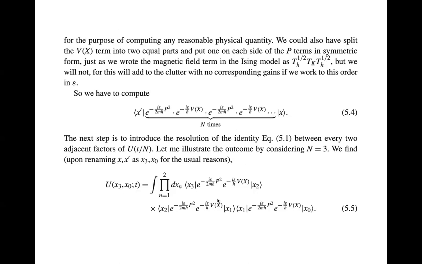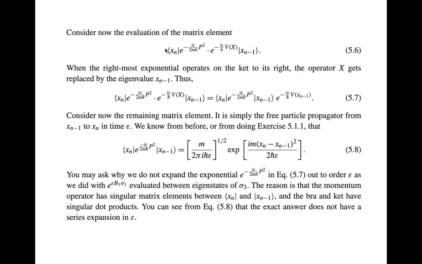To evaluate one of them, because P and X do not commute, capital P and capital X are both operators. The reason we write them in capital letters is because they are operators, not c-number variables. This is a c-number variable.